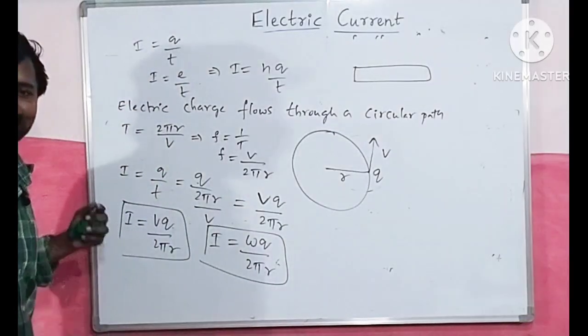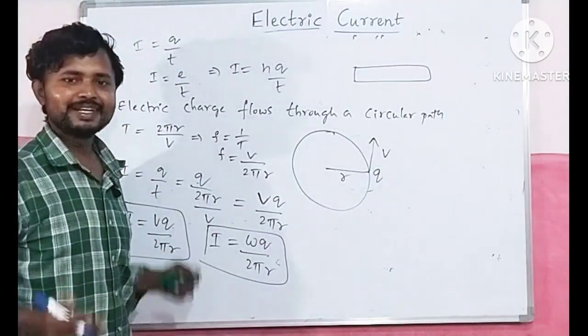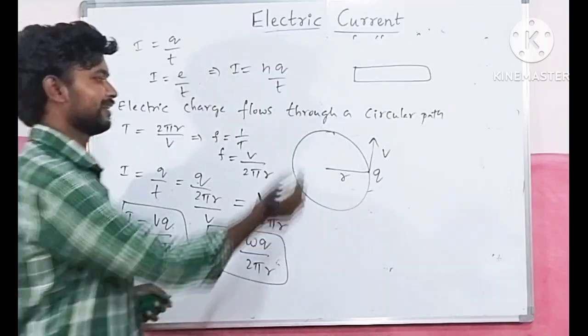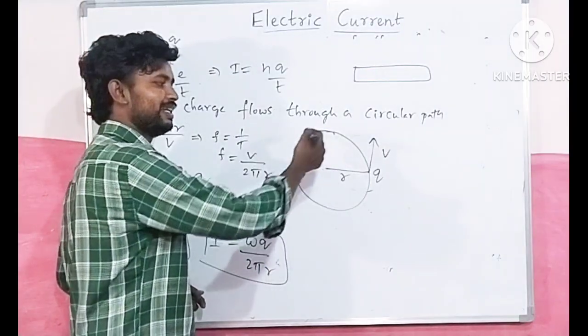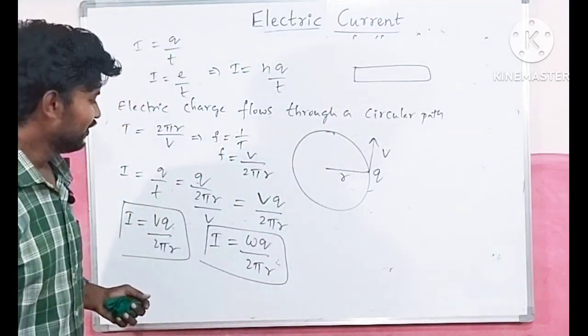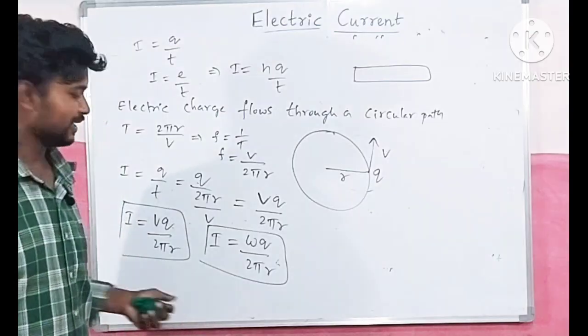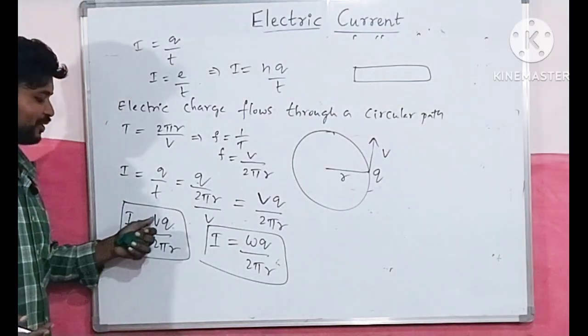This is how to find the current when an electron is revolving in a circular path. Current I equals VQ by 2 pi R.